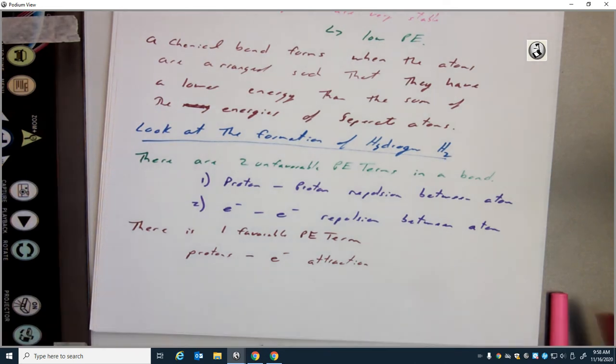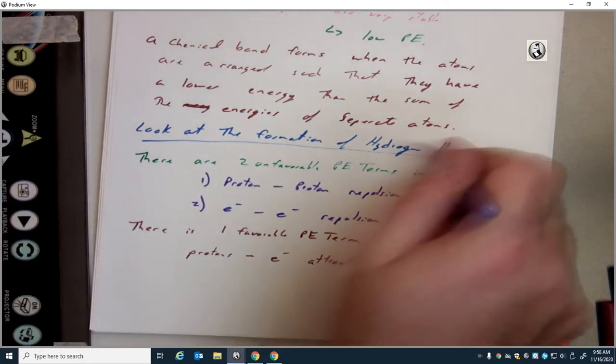So when we start forming bonds, let's talk about this hydrogen bond.